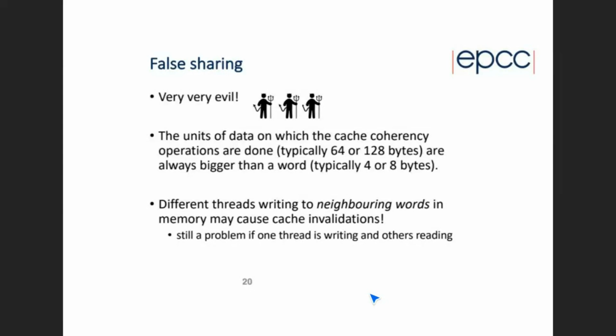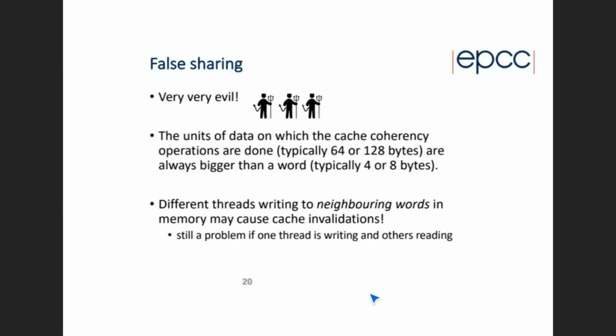So the problem here is that if you have different threads writing to neighboring words in memory, that can still cause this cache invalidation process to get triggered.